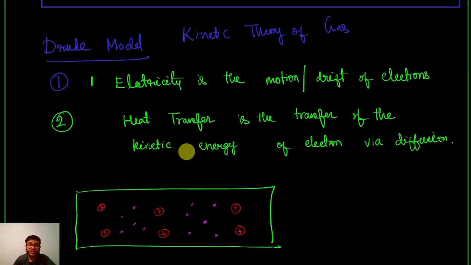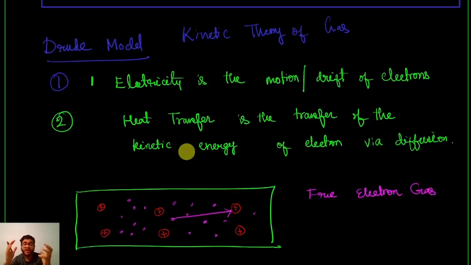They don't interact with each other, they don't collide with each other, they only collide occasionally with the positive charges. So he considered this as a free electron gas, like an ideal gas made up of electrons.